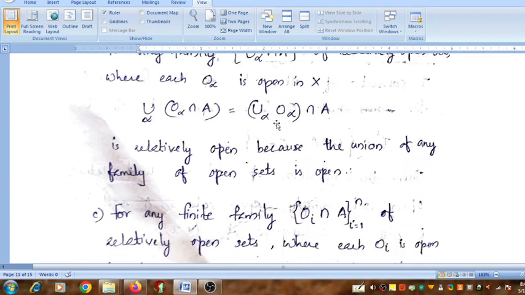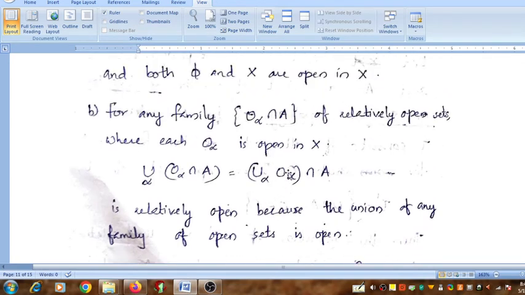You know that the O alpha are open sets in the topology tau for X. Since tau is a topology, using the second axiom of the topology, the union of any collection of open sets chosen from tau is again an open set. So the union over alpha of O alpha belongs to tau.